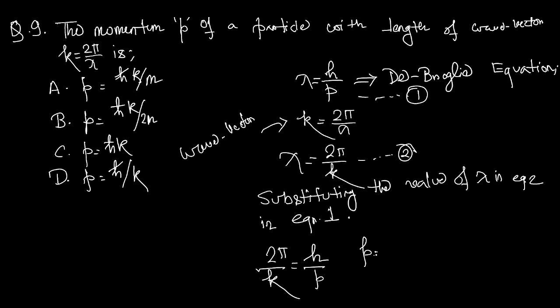So p is equal to h into k by 2 pi. So we know h bar is equal to h by 2 pi. So we can write p is h bar k. So this is the calculation.